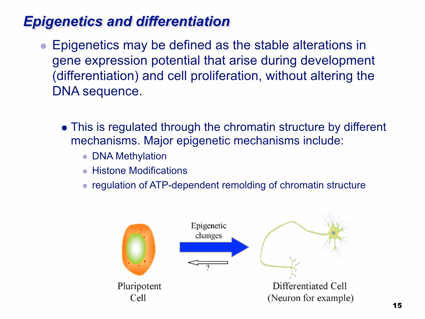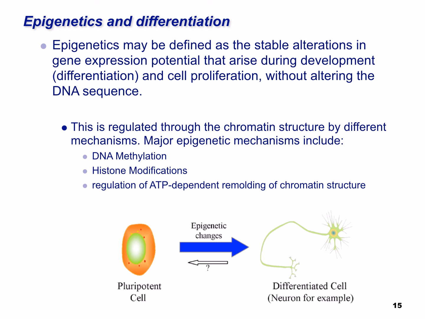Epigenetics is defined as the stable alteration in gene expression and potential that arises during development through the process known as differentiation and cell proliferation without altering the DNA sequence. It is a heritable change through modifications not affecting the DNA sequence.